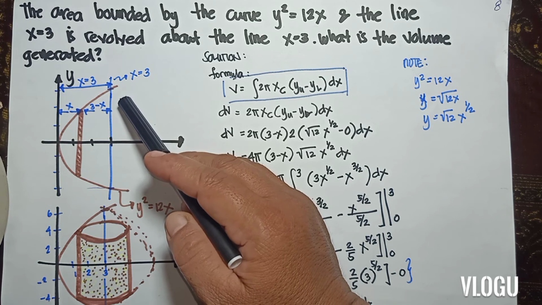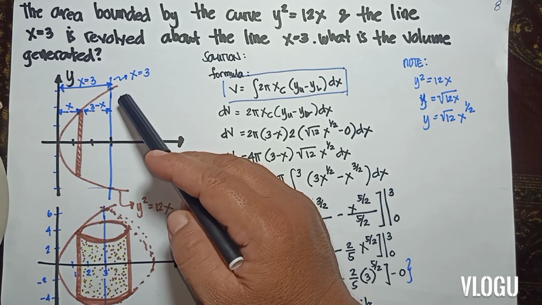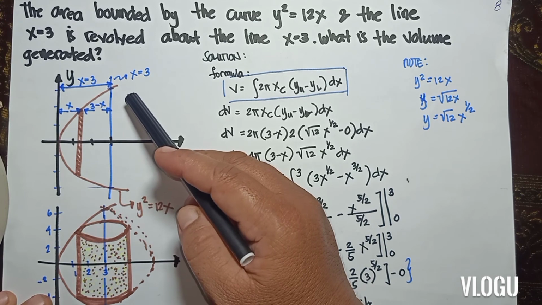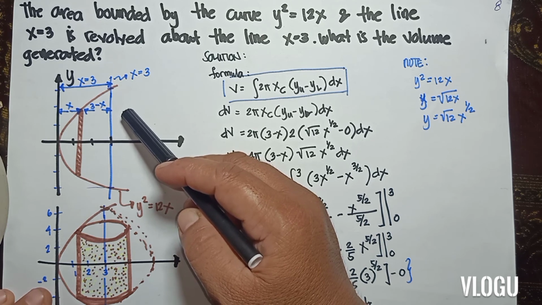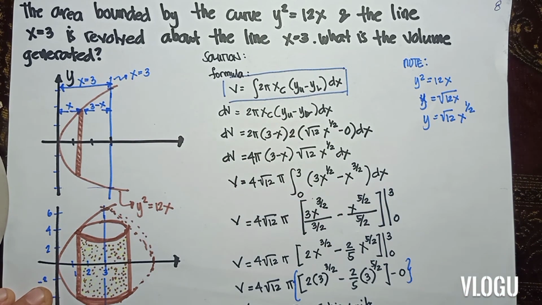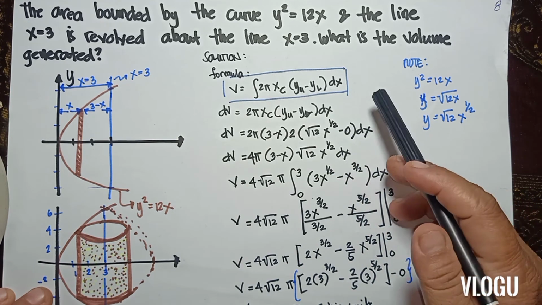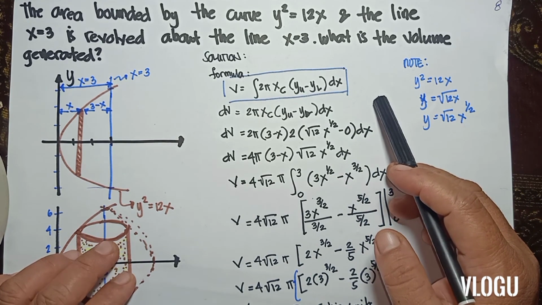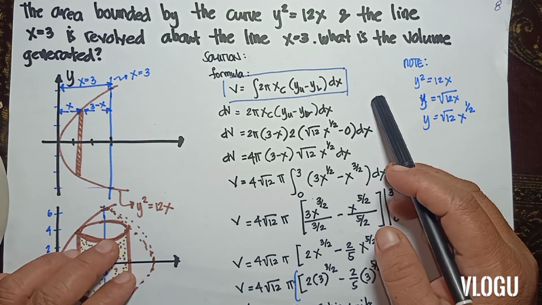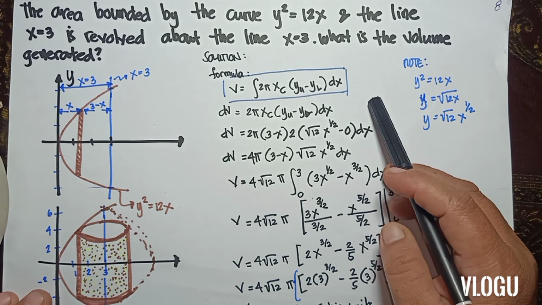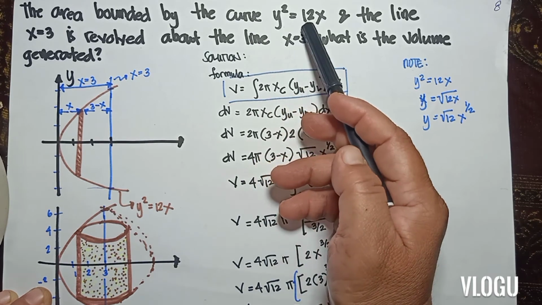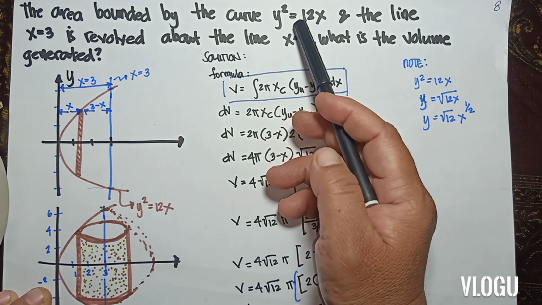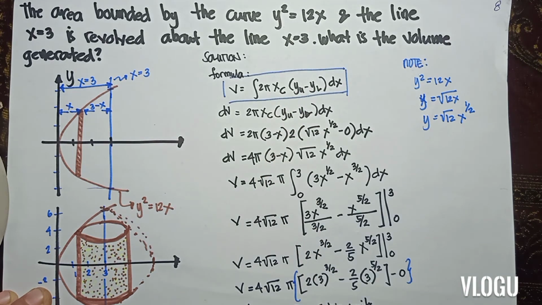What is the volume generated? We will be using a vertical strip here. The area is bounded by the curve y squared is equal to 12x, a parabola, and another boundary, the line x is equal to 3.